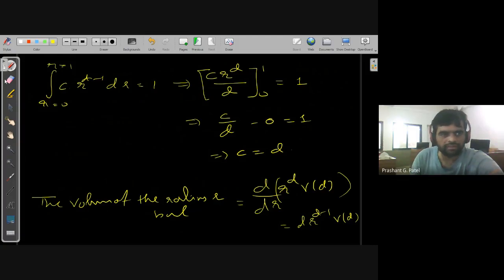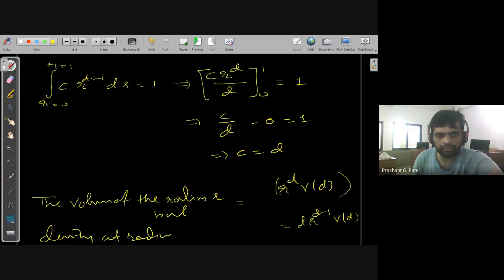This is the volume, and the density is the derivative. Density at radius r is equal to d by dr of r power d vd. You have this.